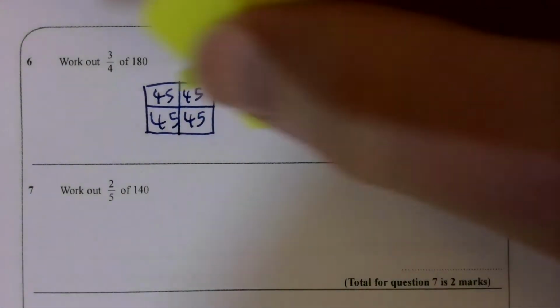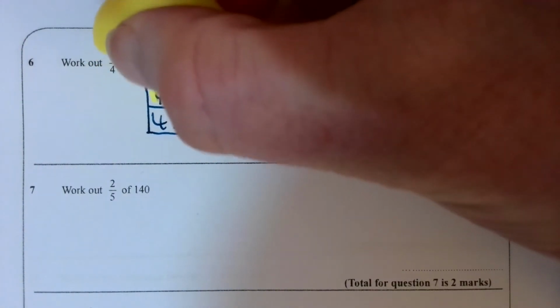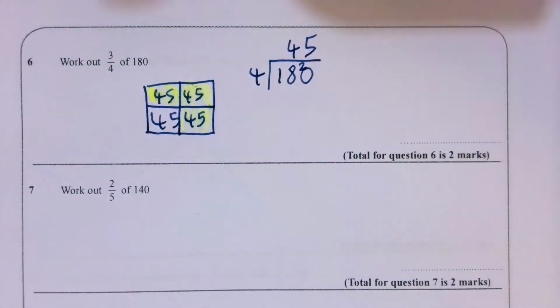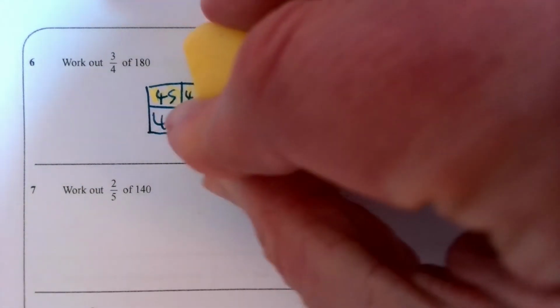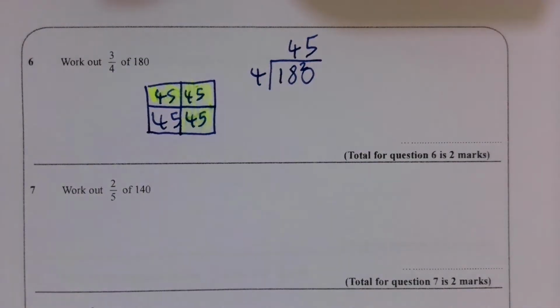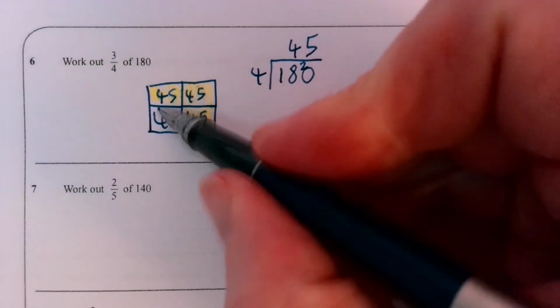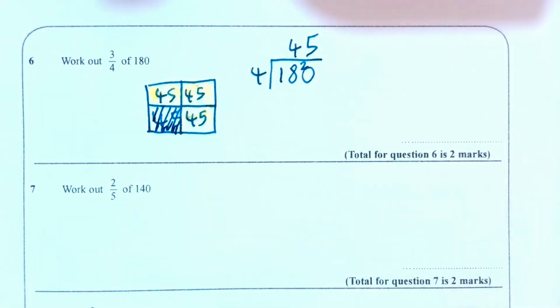Now I'm not looking for 1/4, I'm looking for 3, so just to make it really clear, maybe I can highlight, if this will show up. I don't know, but it will. Anyway, 45, I've got 3 of those 4 boxes, making 3/4, or basically all of it apart from that quarter there.